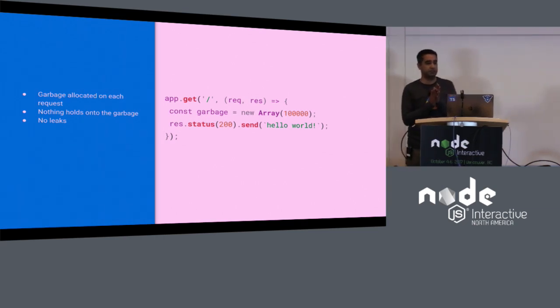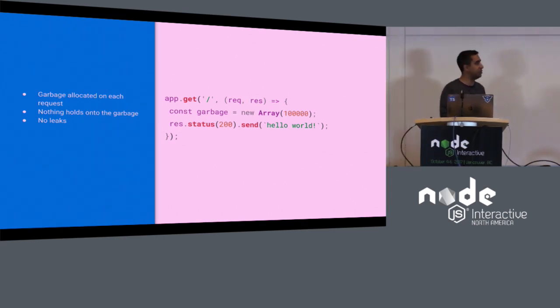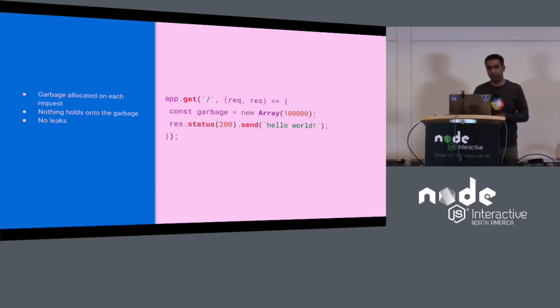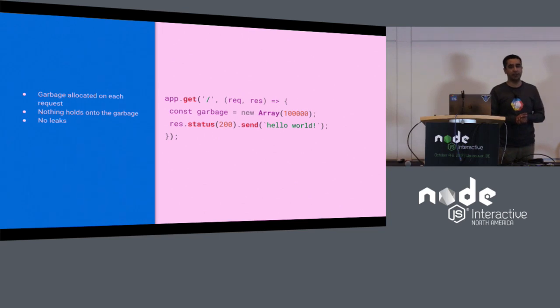In this example, this is a very simple Express request handler, the Hello World app you do with Express, but I am allocating a really big array inside this handler. And it's garbage because I never do anything with it. But this is not a memory leak. Why is it not a memory leak? Because GC can see that you're not using this anywhere.